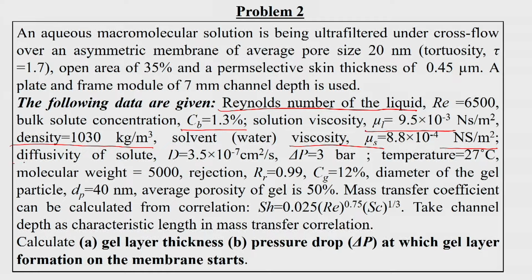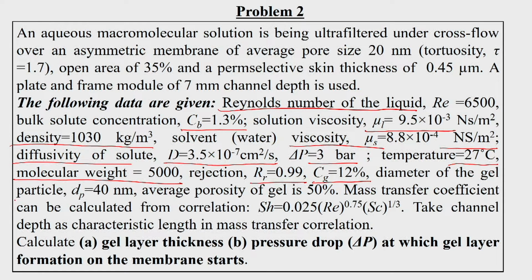Solute diffusivity is 3.5 into 10 to the power minus 7 centimeter square per second, pressure drop is 3 bar, temperature is 27 degree Celsius, molecular weight is 5000, real retention is 0.99, and gel layer concentration is 12 weight percent.